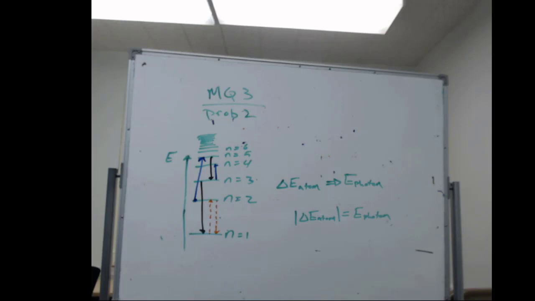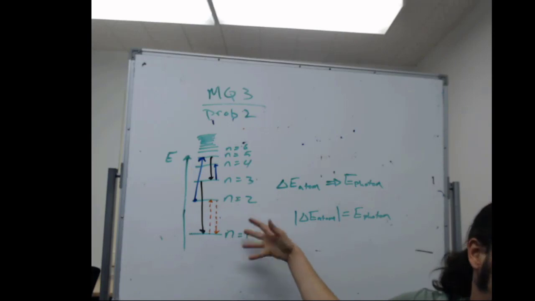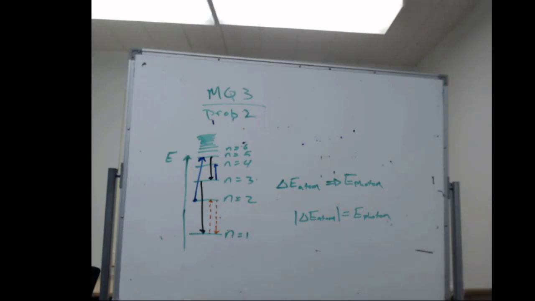This is mastery questions. So question 5, 5A and 5B, is also looking at this idea of energy transitions. 5A has us calculate the energy in joules of the photon associated with a particular transition.